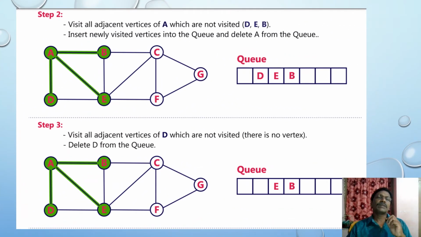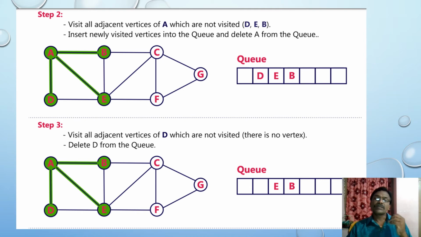Step 2: after choosing the starting point, check all the adjacent vertices of the selected vertex. All of them are inserted into the queue, that is D, B, E or D, E, B.